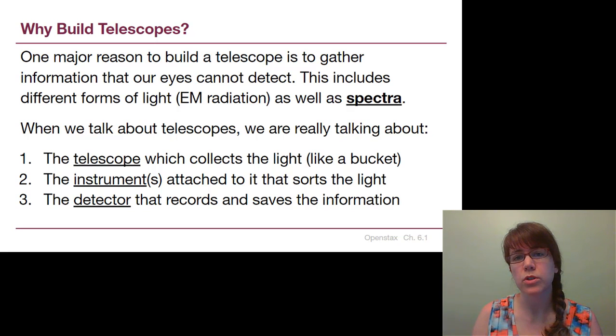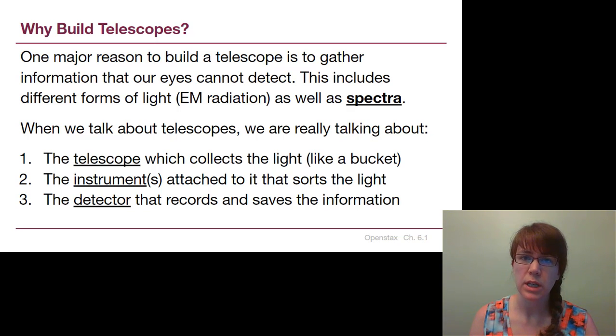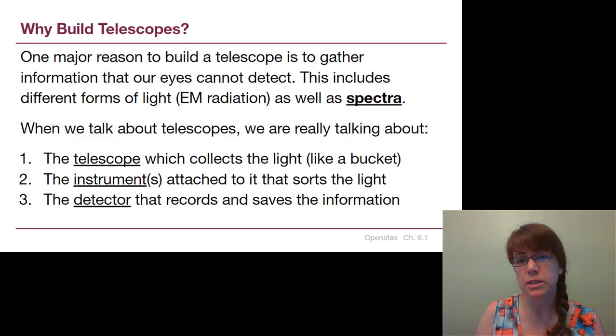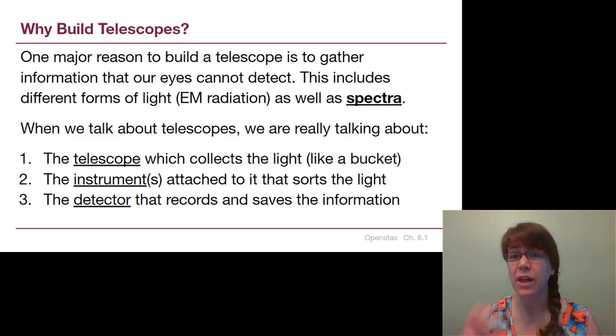So the starting point for our discussion of telescopes is first to make sure why they matter so much to astronomy, and second to make sure we understand what it is that we're talking about when we use the word telescope. So one major reason to build telescopes is to gather information our eyes can't see.